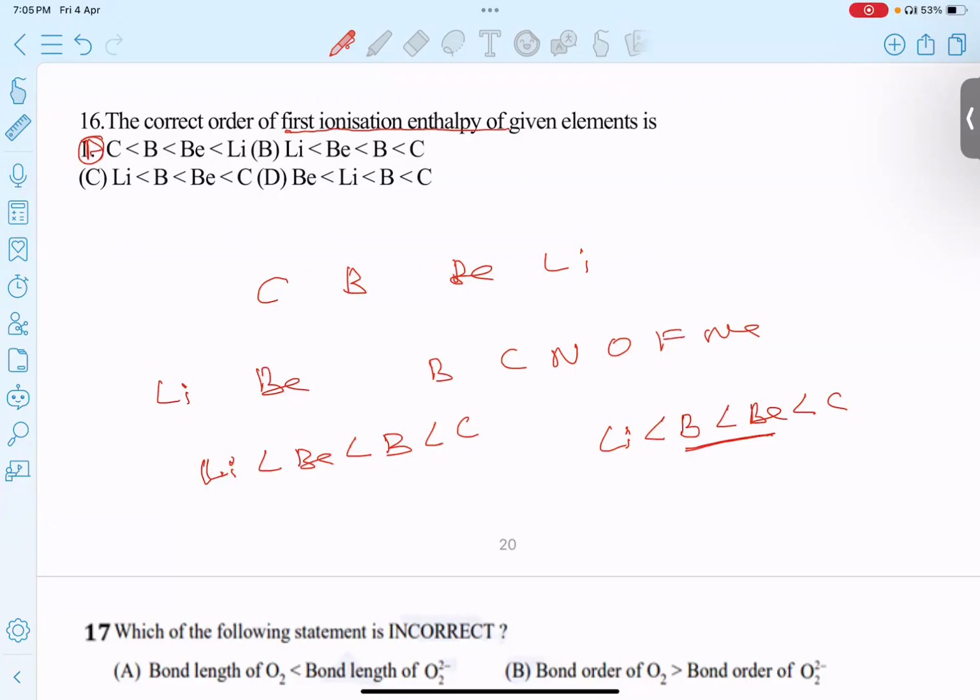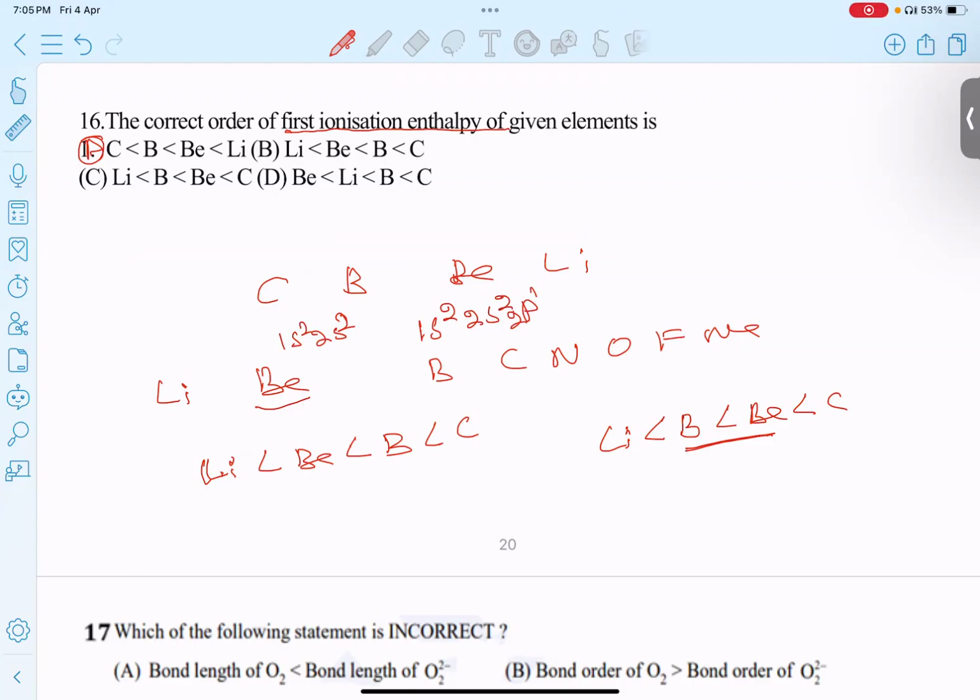The atomic number of lithium is 3, with configuration 1s2 2s1. Beryllium is 4, with configuration 1s2 2s2. Boron is 5, with configuration 1s2 2s2 2p1.